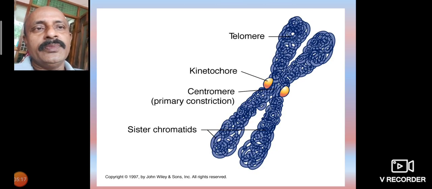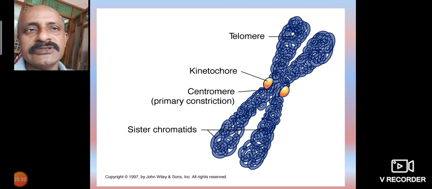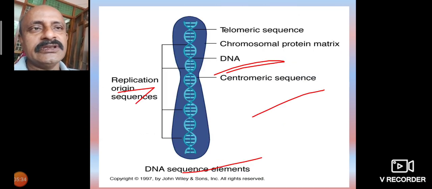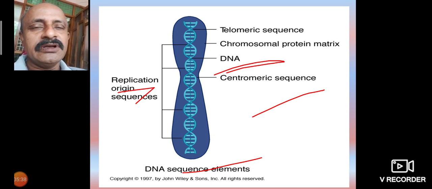So this is a telomere. The terminal part is also called telomere. The central part is called kinetochore, or centromere, the primary constriction of the sister chromatids. So these are just one basic structure. But here the telomere is clearly seen. The telomere sequence means the coiled structure.